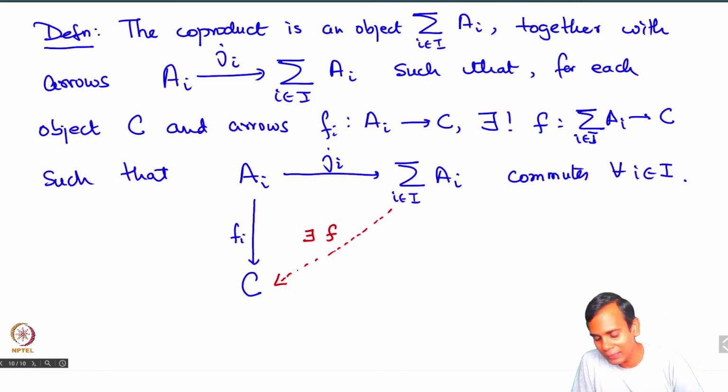Okay, and again in the category of sets, this coproduct is the disjoint union of this family of sets.